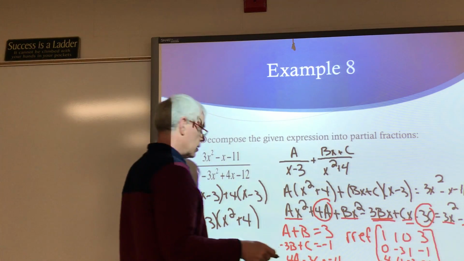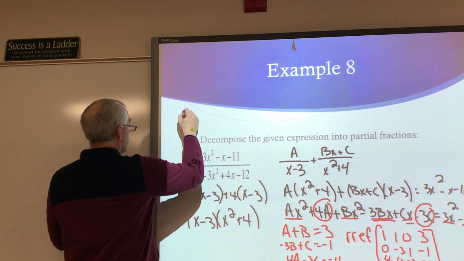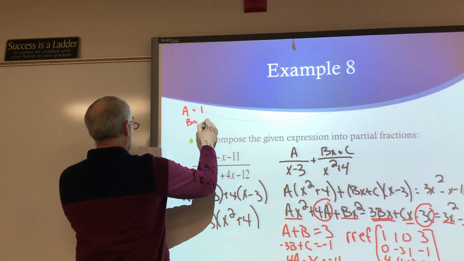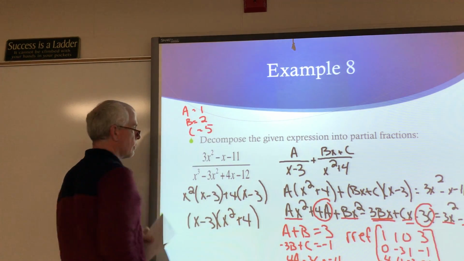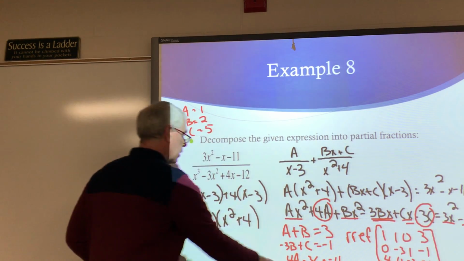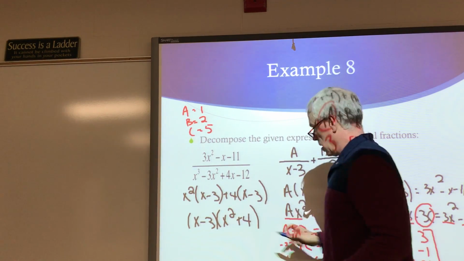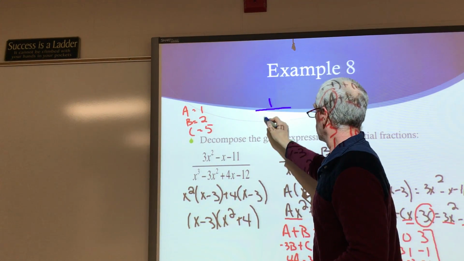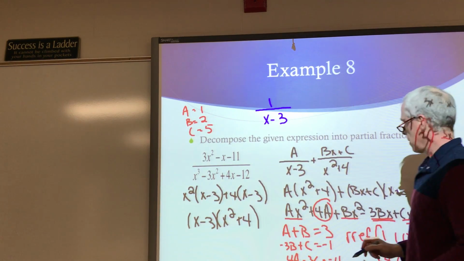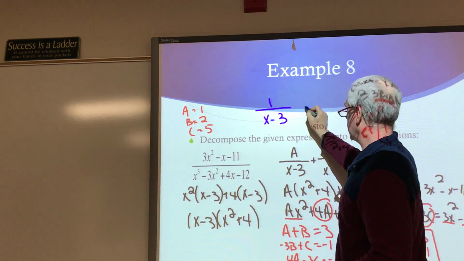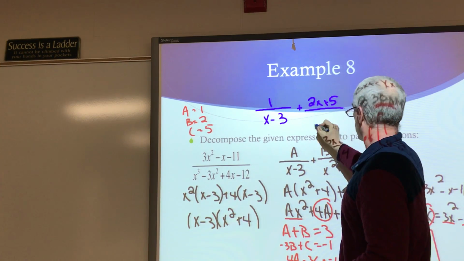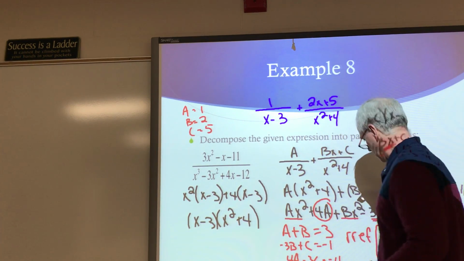It said that A was 1, B was 2, and C was 5. And so what does my solution look like for that? Okay? We said that A was over x minus 3, so that's 1 over x minus 3. And then plus Bx plus C, well that's going to be 2x plus 5 over that x squared plus 4.